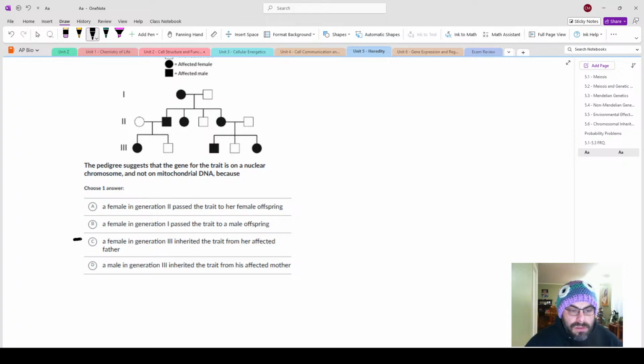Here it is. There it is, right? Because if it is mitochondria, it only comes from the mother, and this isn't, because she got it from her father. C is the correct answer. Took me a minute to figure out how they were asking that question.